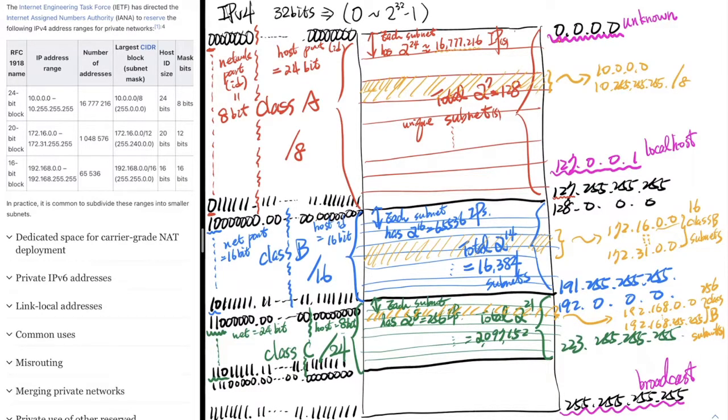That means I simply broadcast this IP datagram to all of the hosts who can receive your signal in your LAN, in your subnet. So all the network interface cards in your subnet can hear, accept, and receive your IP datagram. If you use 255.255.255.255, you use the broadcast IP address.